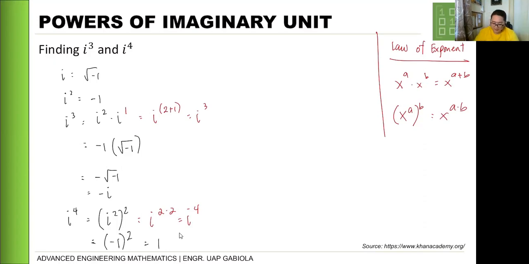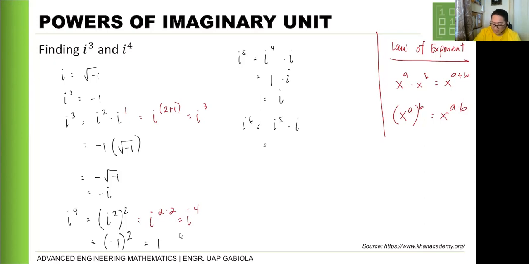Okay, let's continue. We have i to the fifth. We can represent it as i to the fourth times i. Since we identified i to the fourth as 1, then times i, this means i to the fifth is equal to i. Next, i to the 6. We have i to the 5 times i for i to the 6.